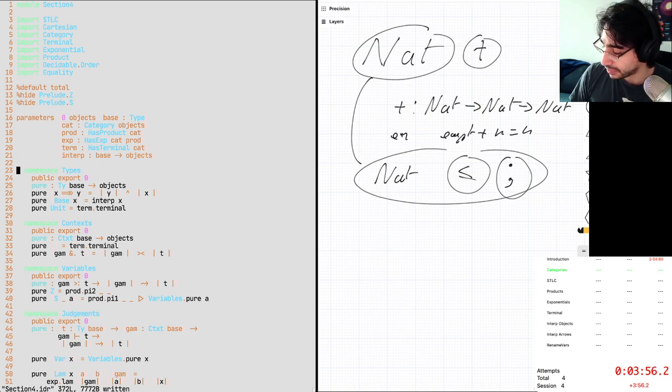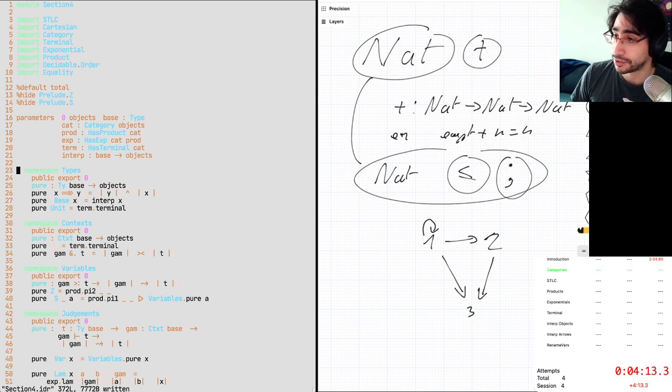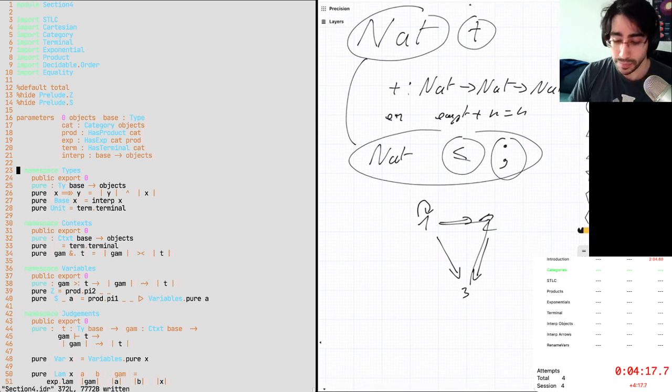So if I write examples for our natural numbers here, I have that 1 is less than or equal to 2, right? And I also have that 1 is less than or equal to itself. And if I have a third thing here, 3, I have that 1 is also less than or equal to 3 by going through 2, right?